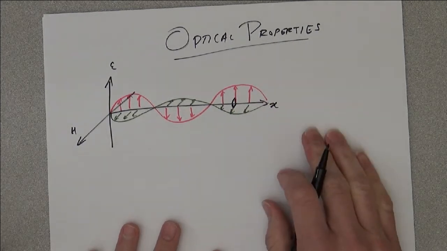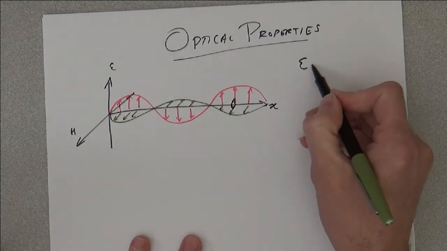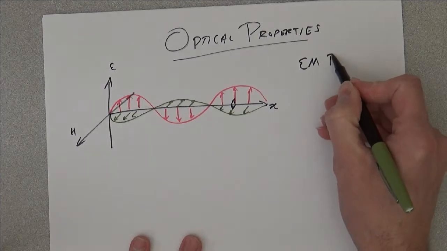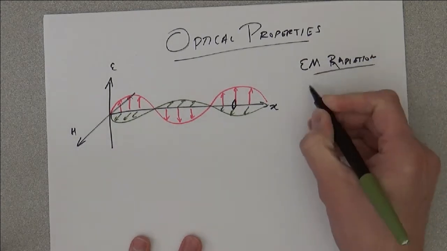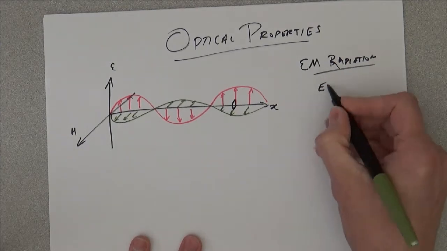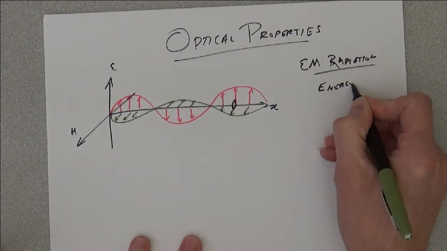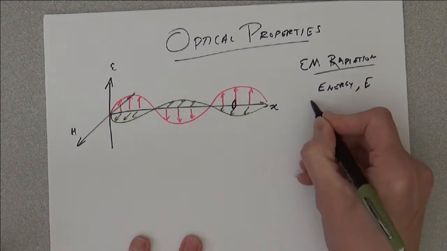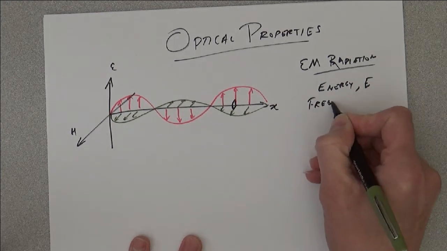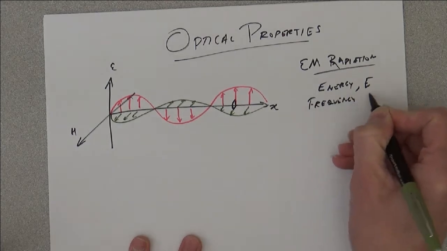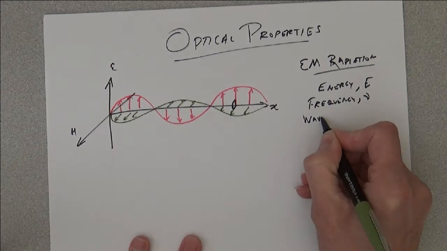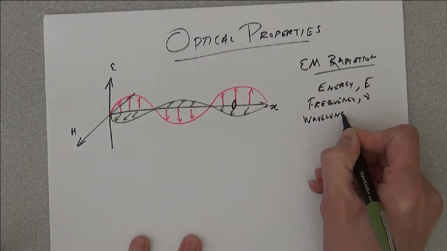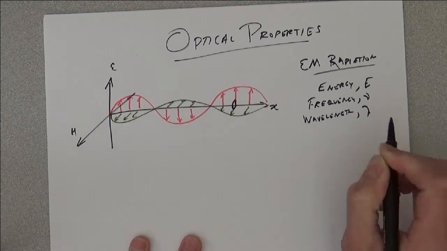When we discuss the behavior, the properties of EM radiation, we discuss it in terms of the energy, the frequency, nu, and the wavelength, lambda.